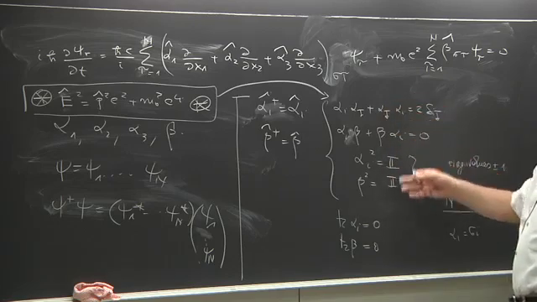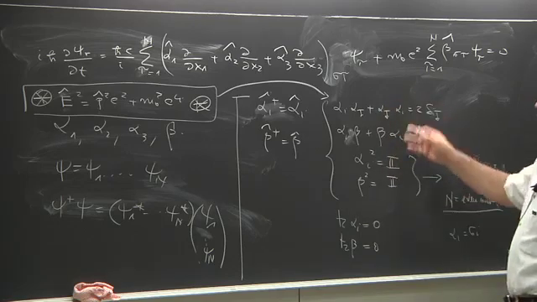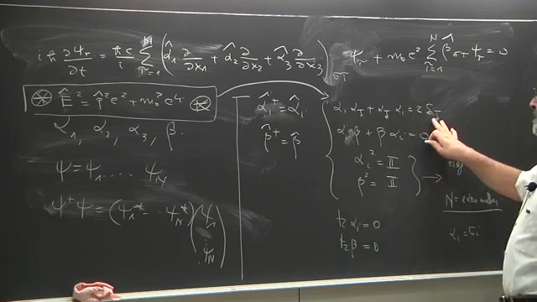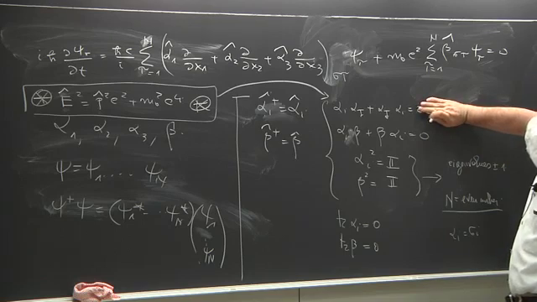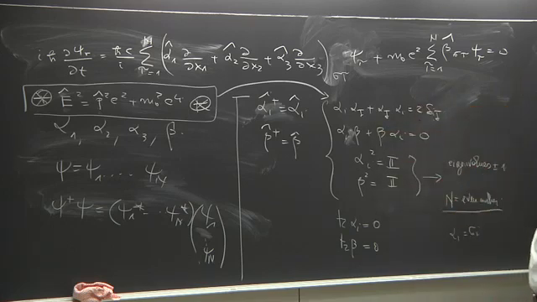Anti-commute means that if the two indices are different from each other, then the product of the two is equal to minus the product in the inverse order, and the same here.